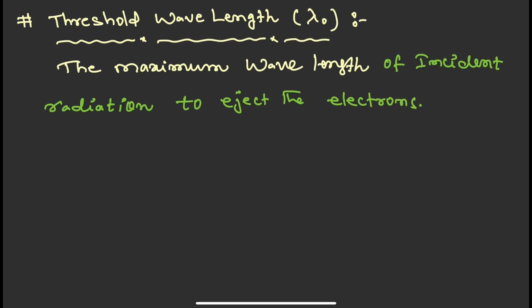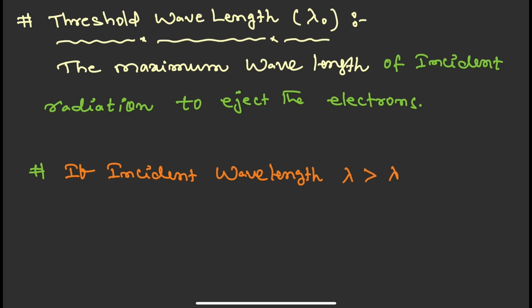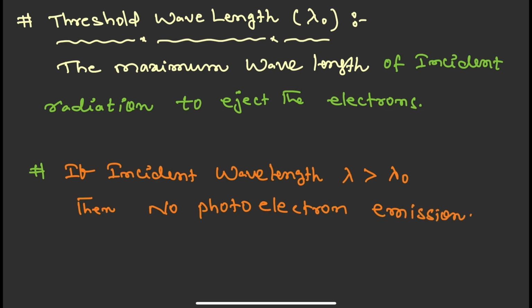If the incident wavelength lambda is greater than lambda naught, then no photoelectron emission takes place. So this is the threshold wavelength.